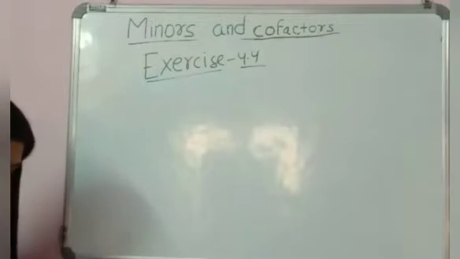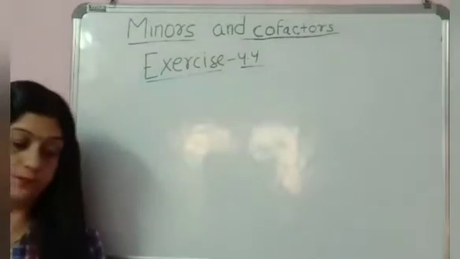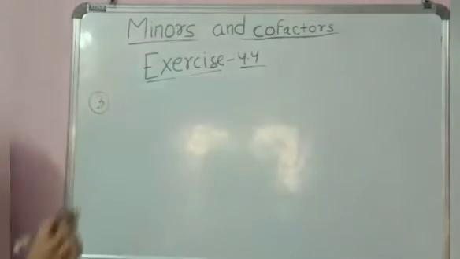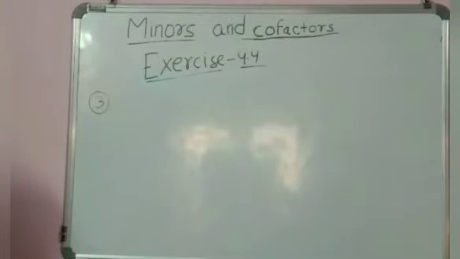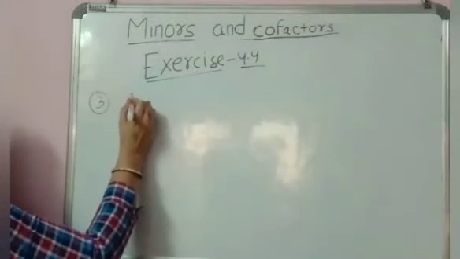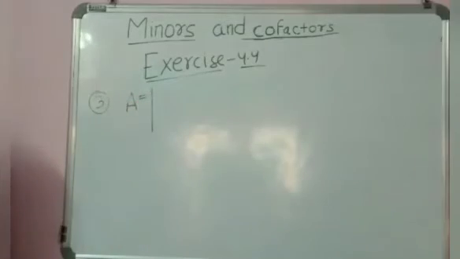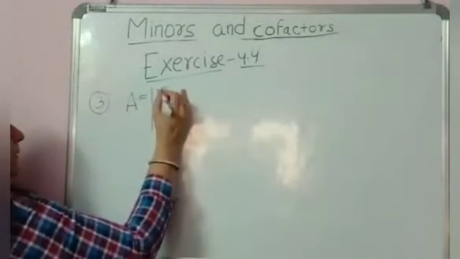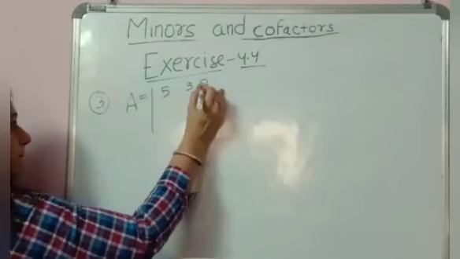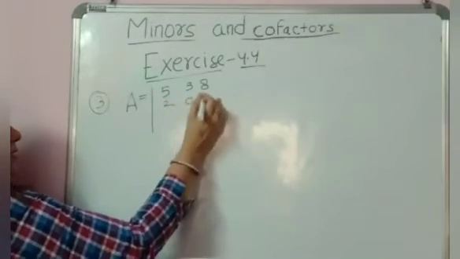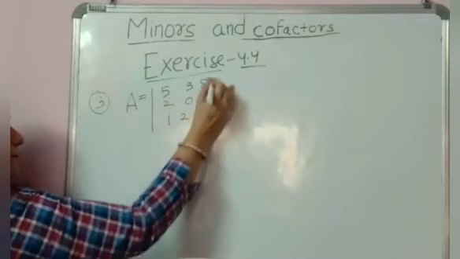Okay, now come to question number 3. In question number 3, using cofactors of elements of the second row, you have to evaluate the value of this determinant. So you have determinant A equal to 5, 3, 8, 2, 0, 1 and 1, 2, 3.